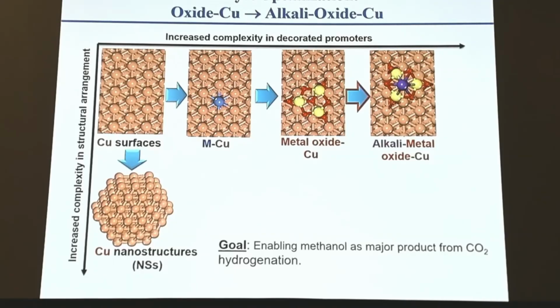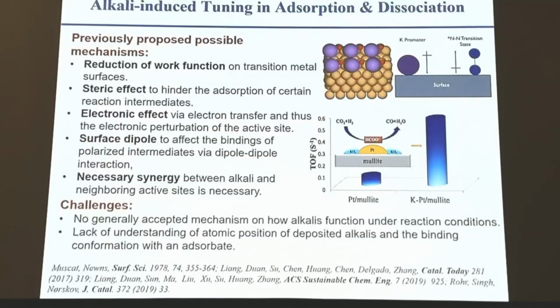So what we do here is dope alkali metals on the oxide interface. And why do we think about that? If you look at the literature, the promoting effect of alkali metals is not something new, but a lot of it hasn't been well understood.